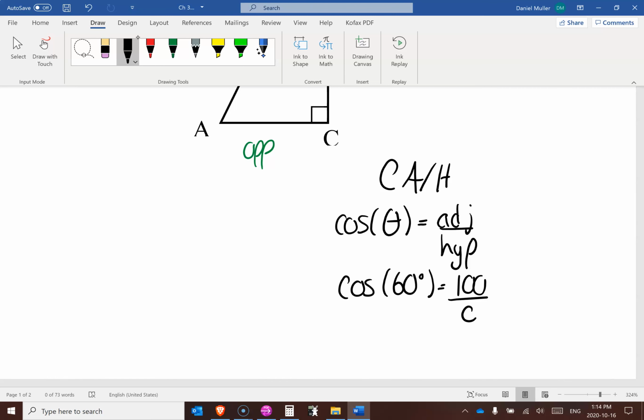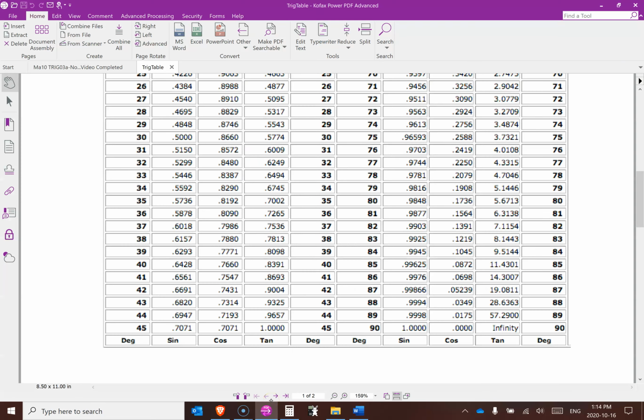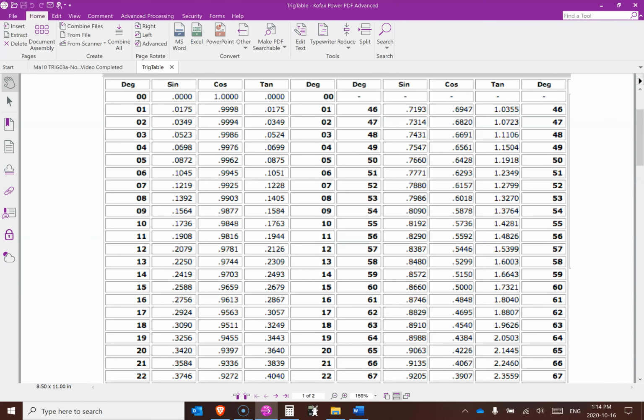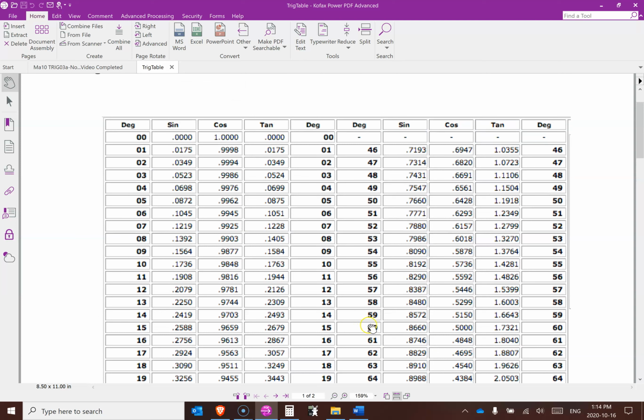Okay, so here again the unknown is on the denominator. But before we do that, let's take a look at what cos of 60 is. So 60 is right here, and I'm doing cosine, which is the middle one, 0.5. Okay, so it's literally just 0.5.